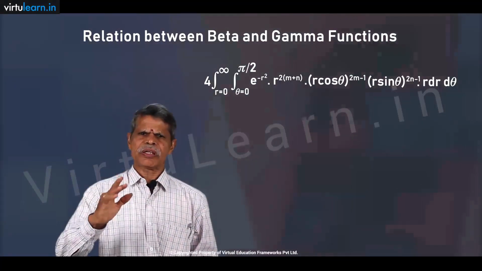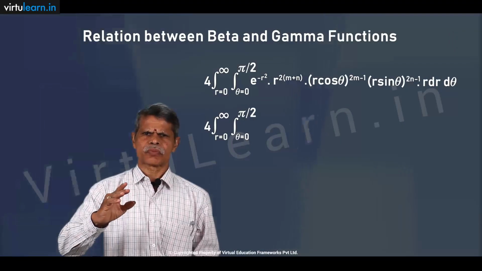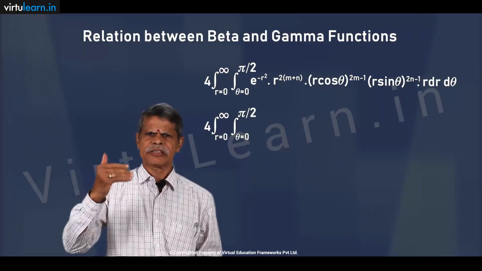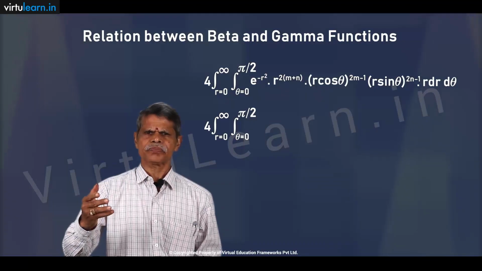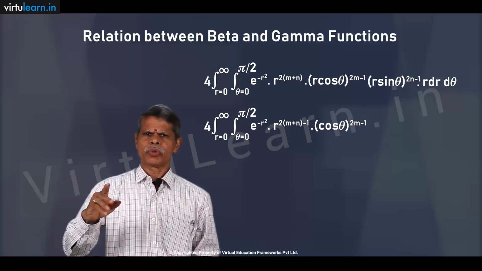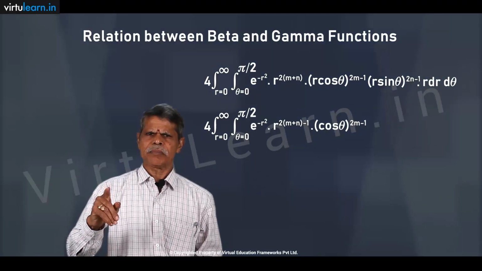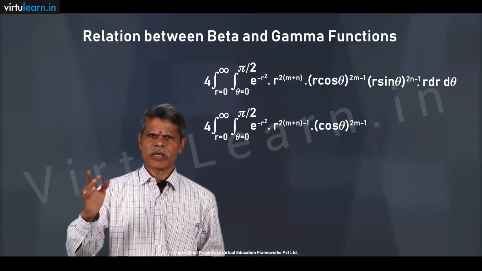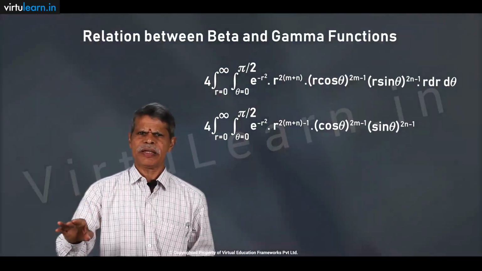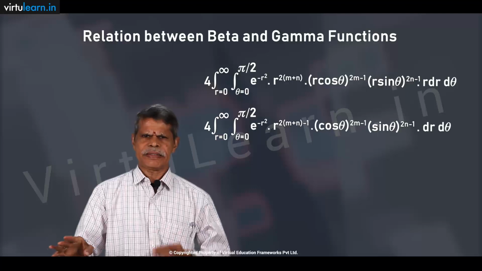Or you can further write it as 4 times integral theta is equal to 0 to pi by 2, integral r is equal to 0 to infinity e power minus r square r to the power of 2 times m plus n minus 1 into cos theta to the power of 2m minus 1 sin theta to the power of 2n minus 1 dr d theta.